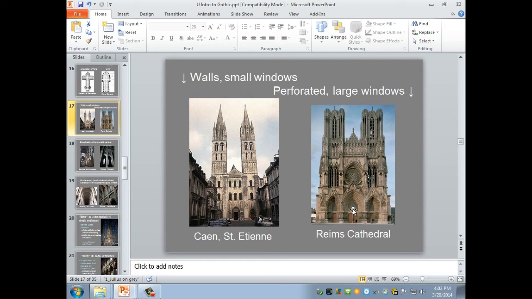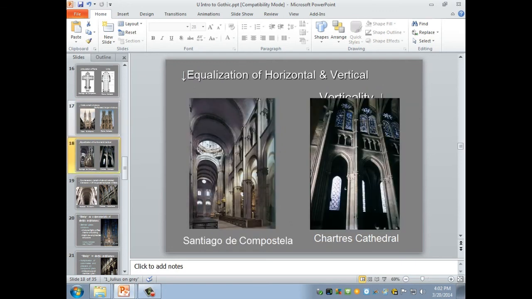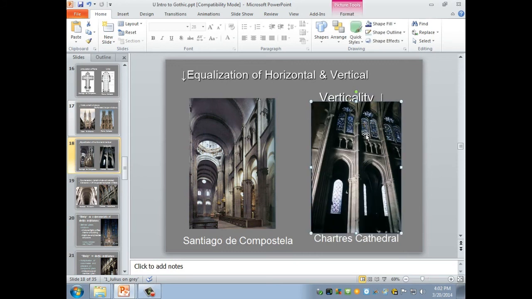When you look at Chartres Cathedral, and one of my students actually took this photograph for me, and he's using a special lens which exaggerates, it almost looks like the building is narrowing with perspective. It doesn't quite look that much like that, but he wanted to get the whole bay. We've got two bays here, and you can get the feeling certainly of verticality.